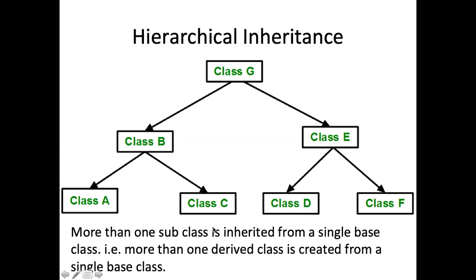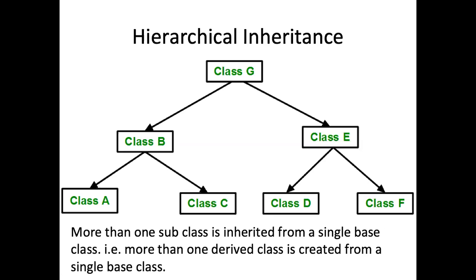तो class A जो है वहाँ पे अगर आप देखें तो class A is actually having a multi-level inheritance in it. Class C is also having multi-level. Class D or F is also multi-level. So it's a sort of a tree structure that you have in this particular case of inheritance. Right.